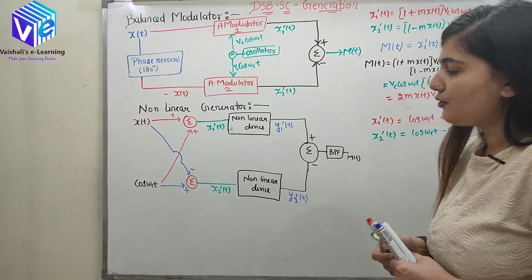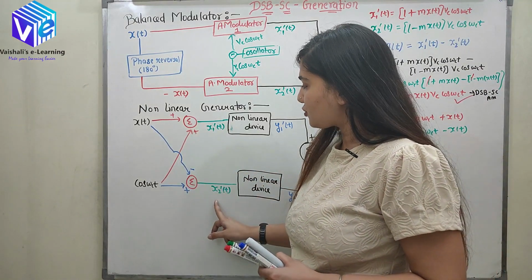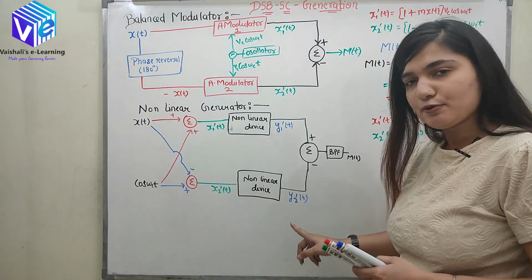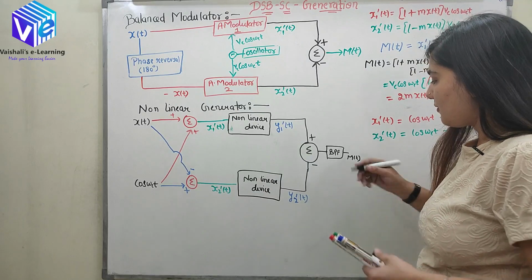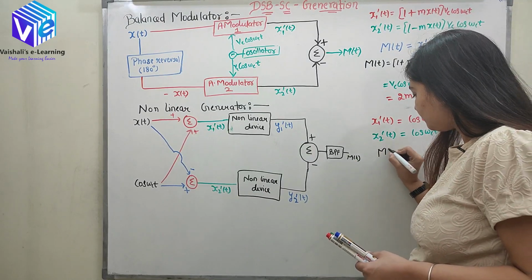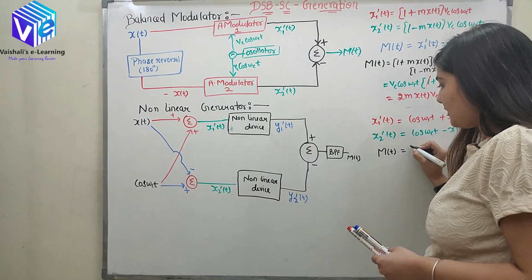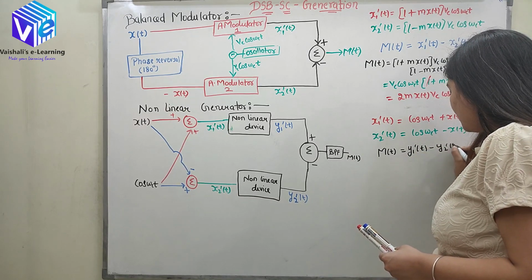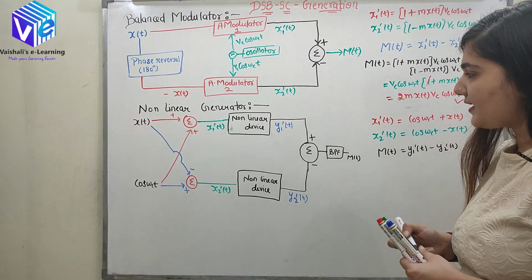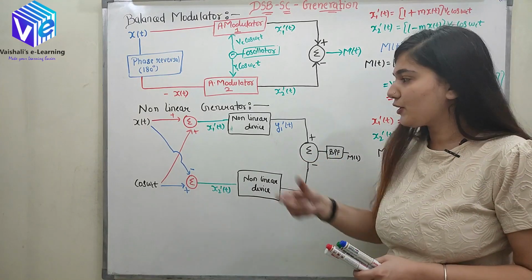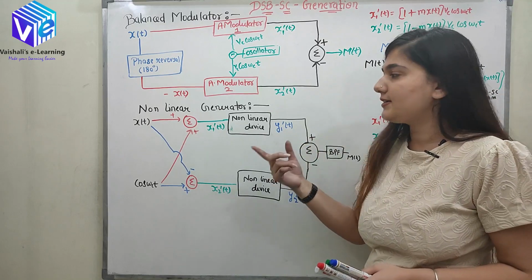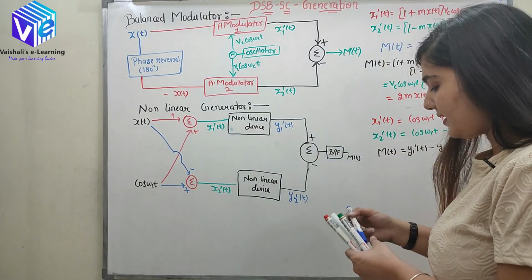So now I know x1 dash t and x2 dash t. So now I need to find out y1 dash t and y2 dash t. So my m(t) is equal to y1 dash t minus y2 dash t. So now I need to find out y1 and y2. Because these are related, x1 dash and y1 dash are related with the help of the non-linear device.